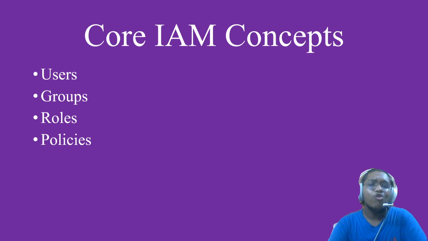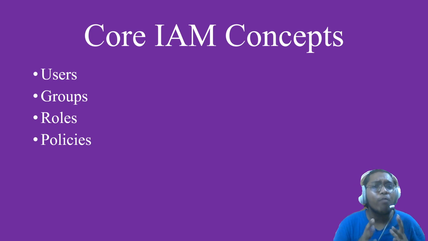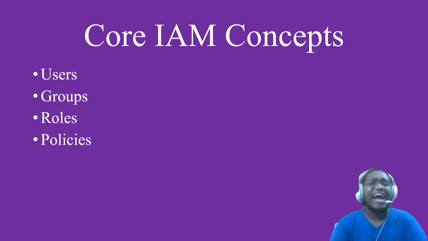Now, let's look at the core IAM concepts, or the core topics you should learn about IAM. To effectively use IAM, it's important to understand some of its core concepts. Let's break them down. At first, we have our users. A user is an individual who has permanent access to your AWS resources.